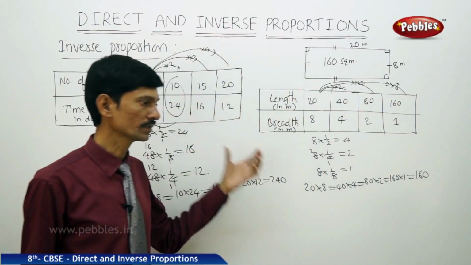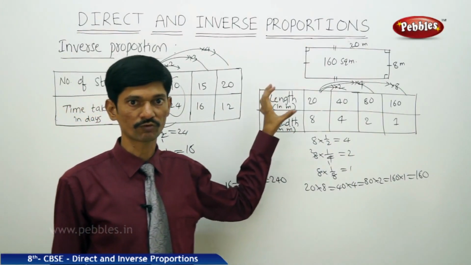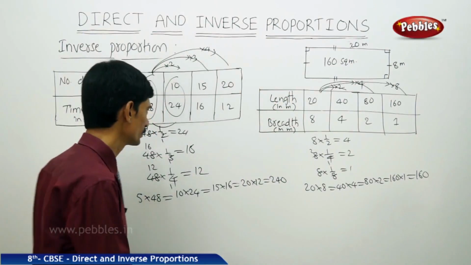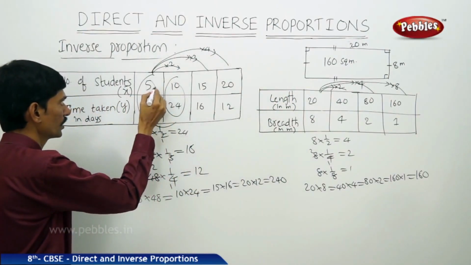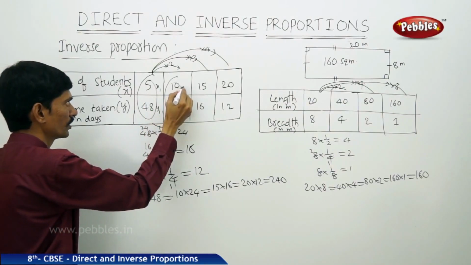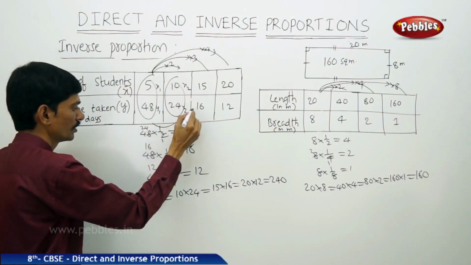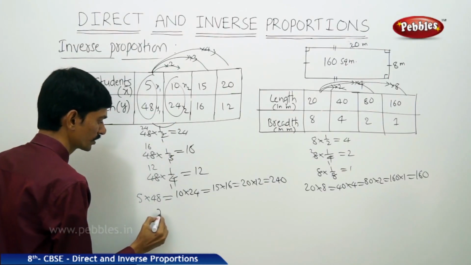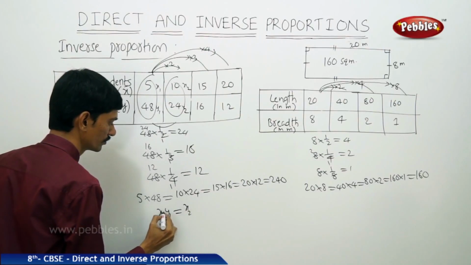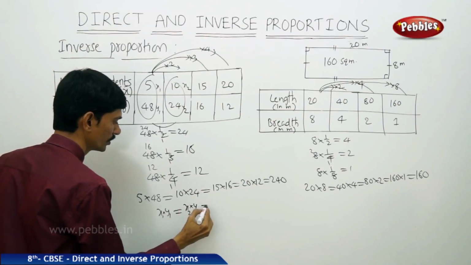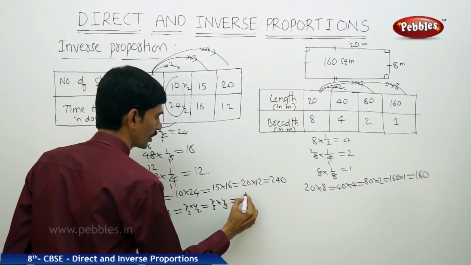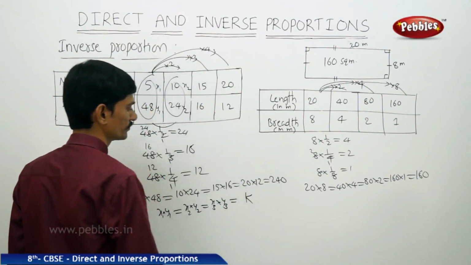So in these cases we can observe that the product of the first quantity and the second quantity remains a constant. So let us take the two quantities as x1, y1. In the second case, the two quantities as x2, y2. Then we can write that x1 into y1 equals x2 into y2 equals x3 into y3 equals a constant denoted by k.